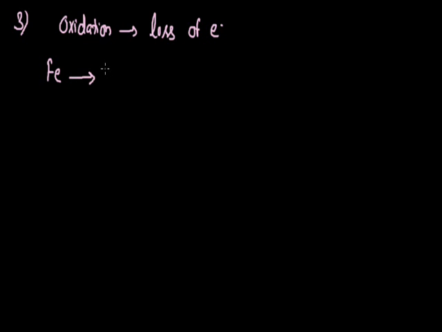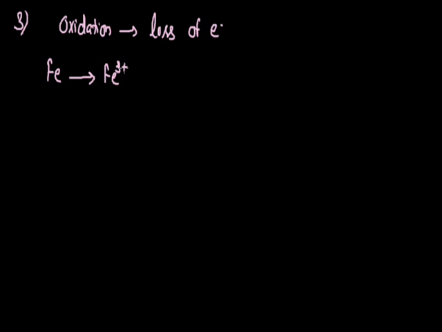Now if I talk about the third one, as I said initially, in the process of rusting, iron undergoes oxidation, and oxidation is defined as the process of loss of electrons. So when iron undergoes rusting, it gives its 2 electrons to oxygen and is converted into Fe2+ or Fe3+.